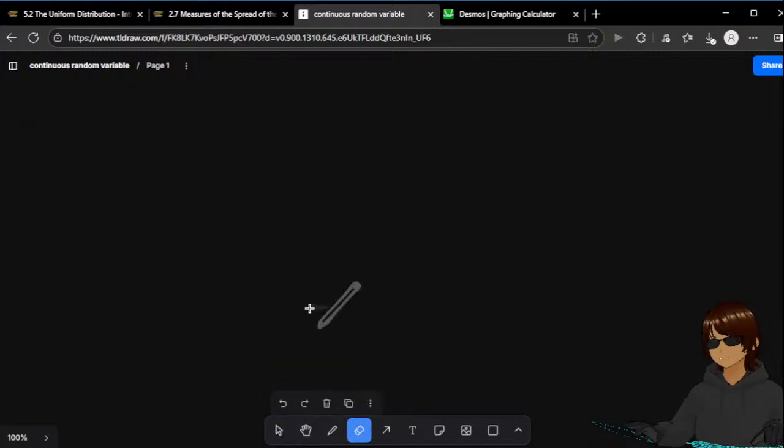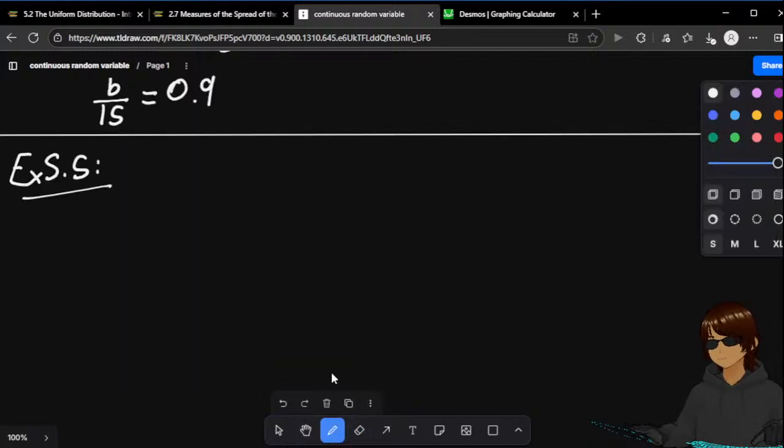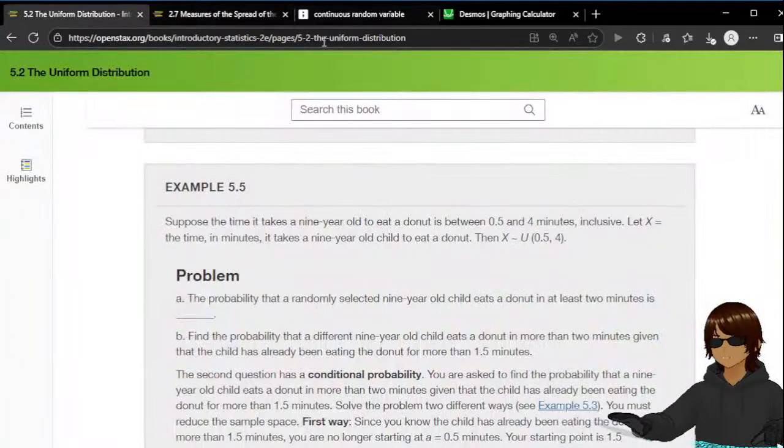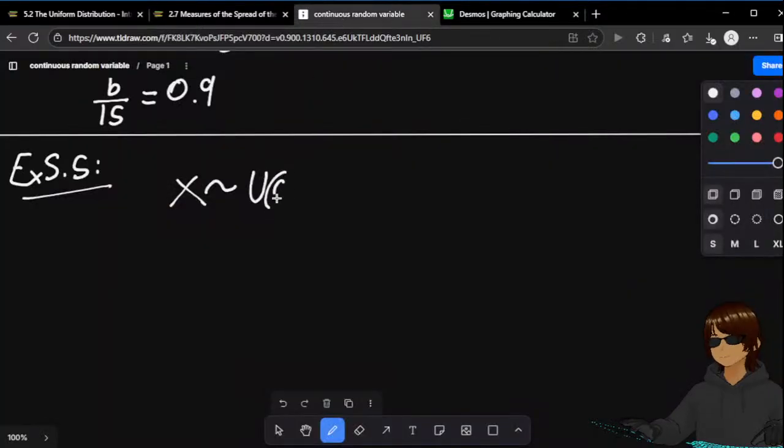Now I don't know why this appears. Okay, x is uniformly distributed between 0.5 and 4.